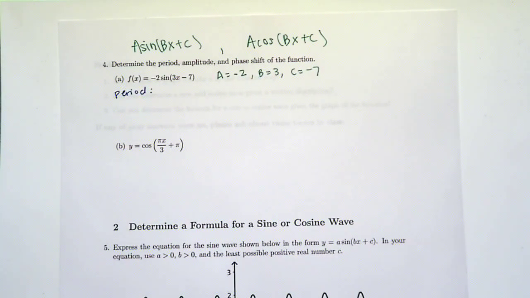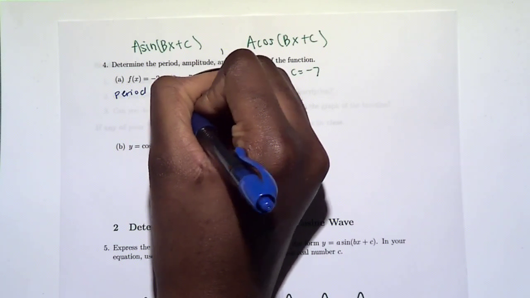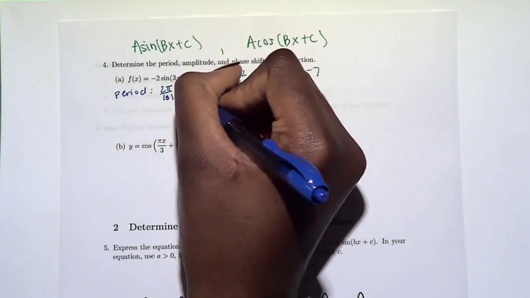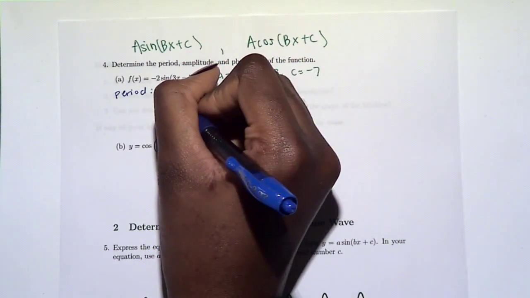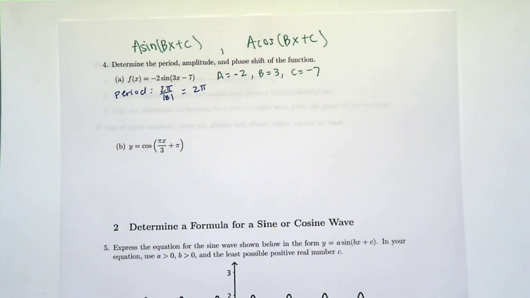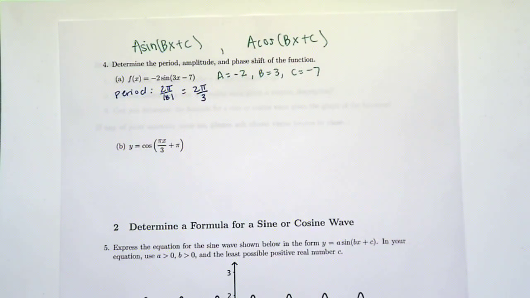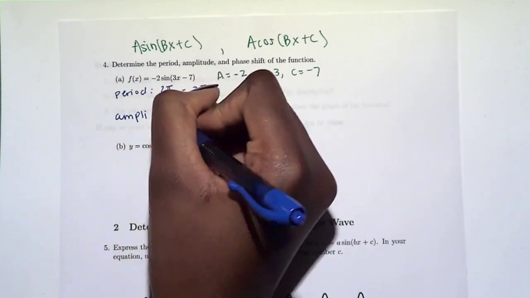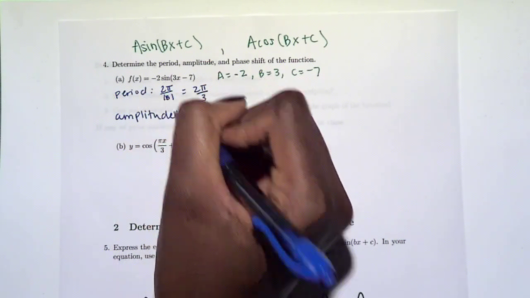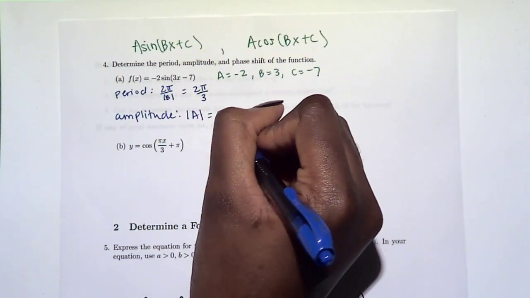So we remember how we find period. It's 2 pi over the absolute value of b, and that's a b right there. It's kind of small. 2 pi over 3. That's how long before this graph repeats. Okay. Amplitude, it's the absolute value of a.